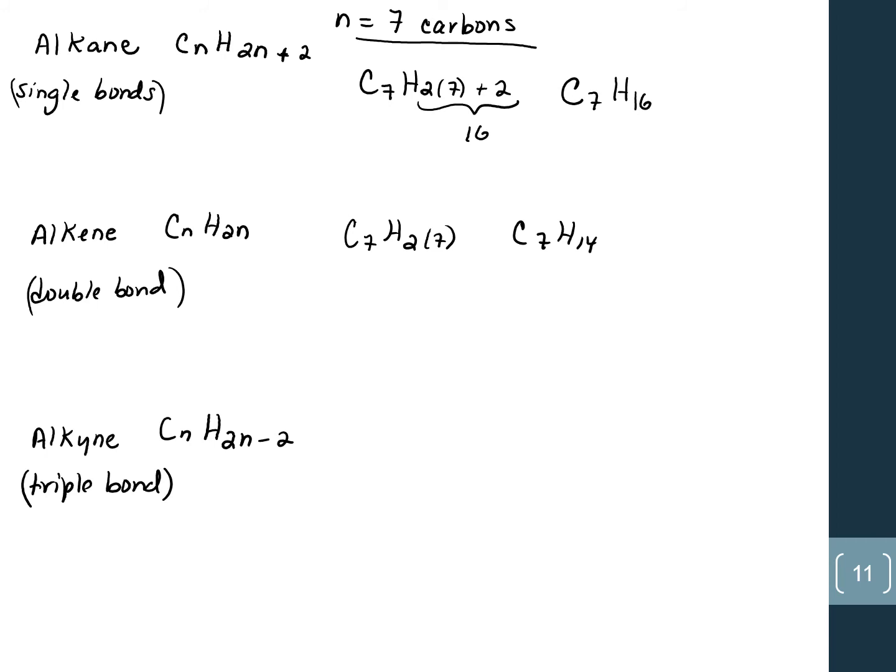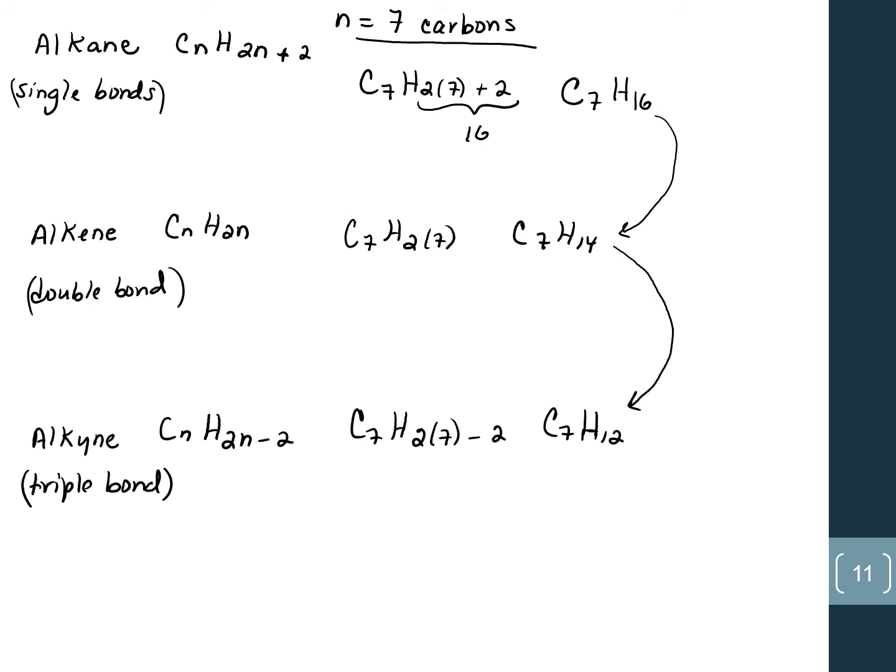The last example, for an alkyne, the formula is CnH2n-2. So if n is equal to 7, if you have 7 carbons, the number of hydrogens will be given by 2 times 7 minus 2. So you see how the number of hydrogens is decreasing.